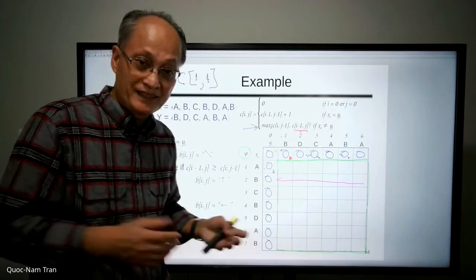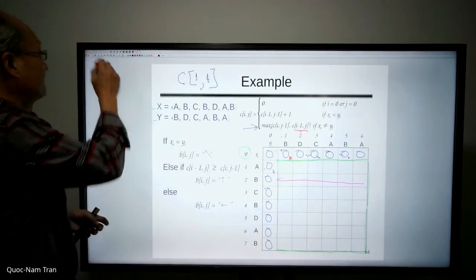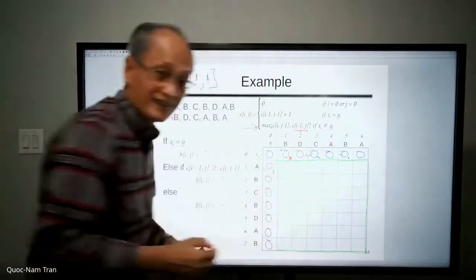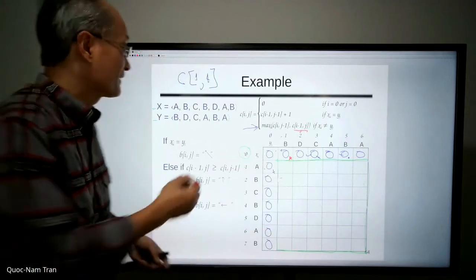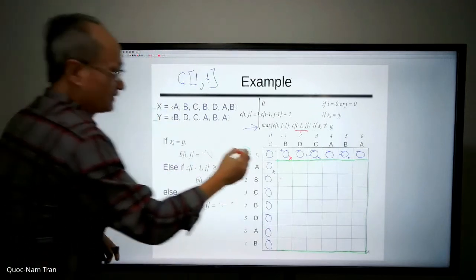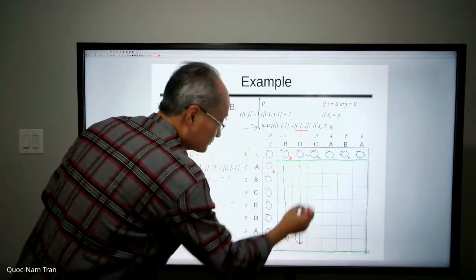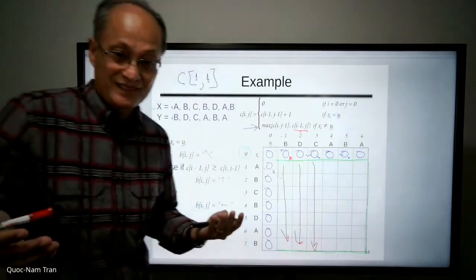Can we fill it in a different manner? Yeah, we can go down, right? Okay, column by column. Yeah, we can go this way first, and then this way, and then this way. Okay, sounds good.